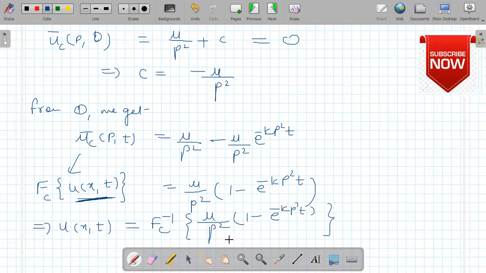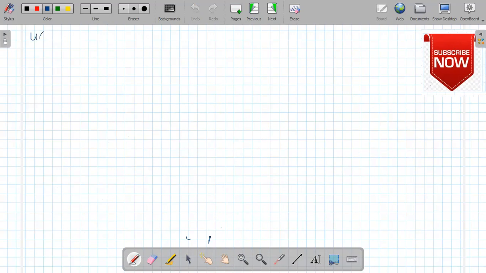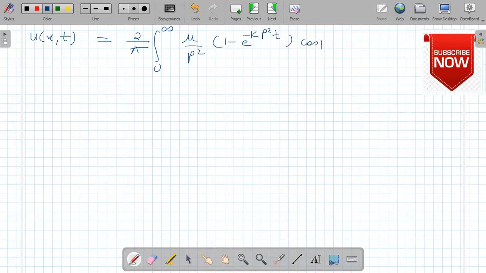So by definition of inverse Fourier transform, it is equal to 2 upon pi, integral 0 to infinity, μ upon p square into 1 minus e to the power minus k p square t into cos p x dp.